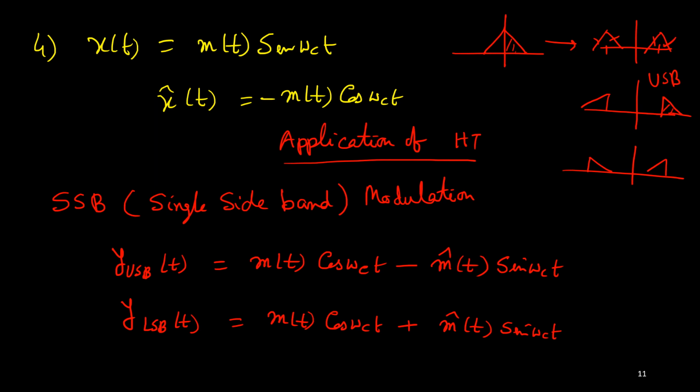So let us see quickly. So you see m(t) cos ωct. First of all, suppose I consider this is the spectrum. I'll consider this kind of spectrum. It will be easy to understand.